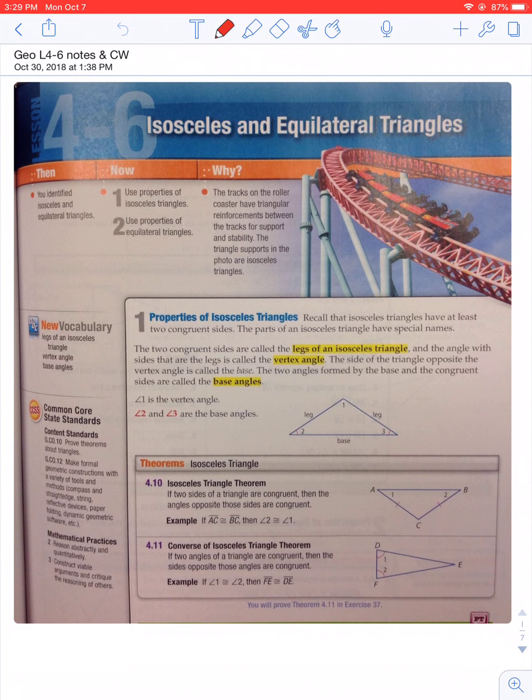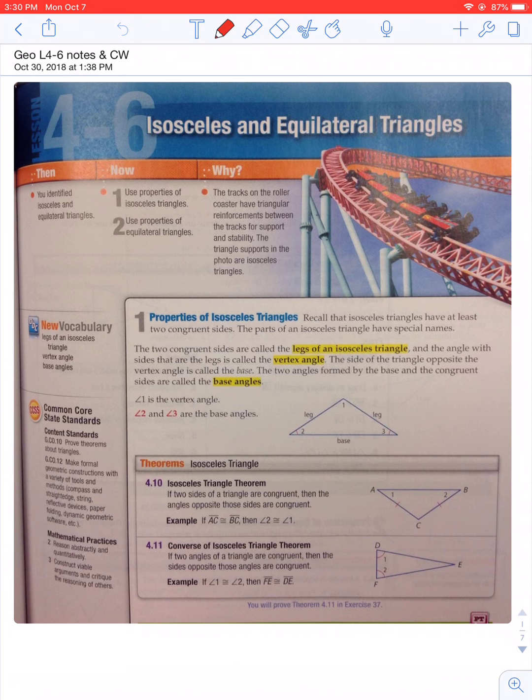It goes through a great explanation of the, I guess, anatomy, if you want to call it that, of an isosceles triangle. I think you've been taught in the past that isosceles triangles have at least two congruent sides, which is true, but you may have never been told that there are certain parts of the isosceles triangle that have names.